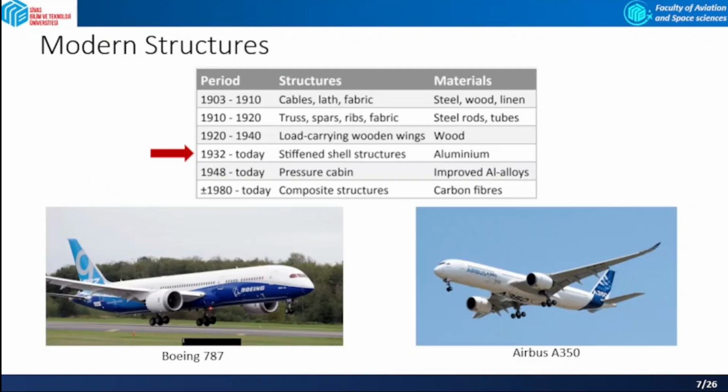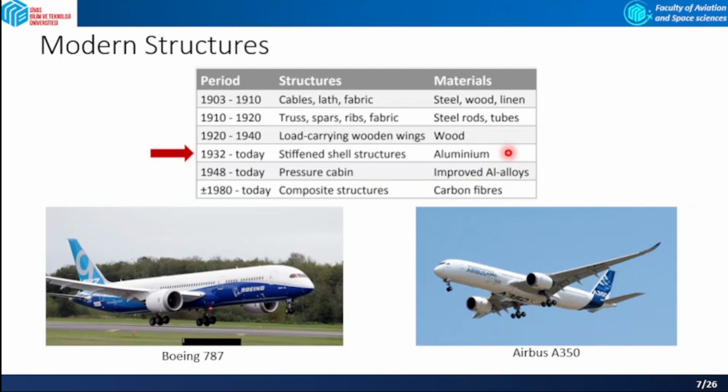As you can see in the table, from the 1930s, let's say, until today, the aluminum entered the aircraft industry.